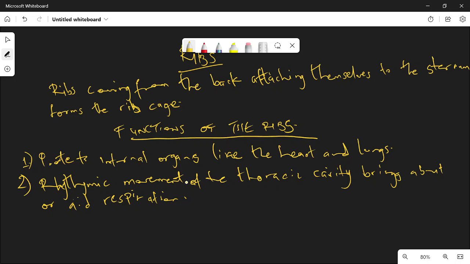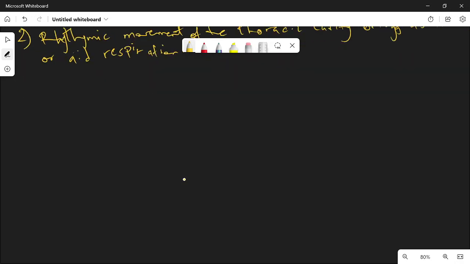And then that takes us to talk about the appendicular skeleton. We have just finished discussing the axial skeleton, so we'll go to discuss the appendicular skeleton.